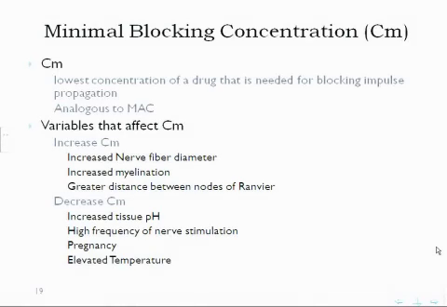Increased myelination and a greater distance between the nodes of Ranvier will also increase the dosage. As for decreasing the dosage, things that increase your pH, so if you alkalize the solution or the area around it, you'll become more unionized, and you get better penetration of local anesthetic.